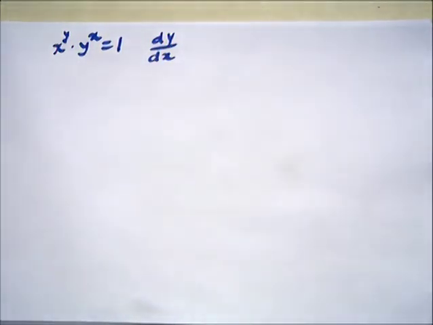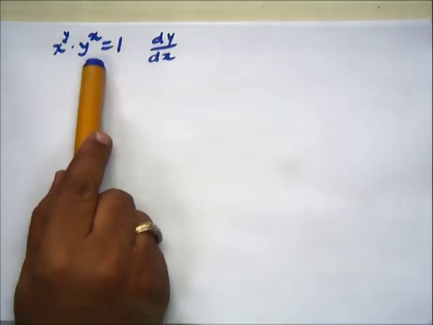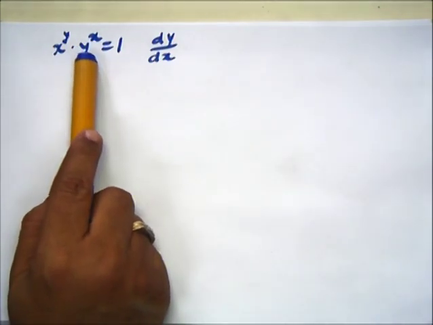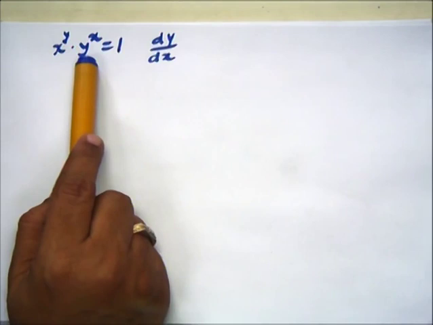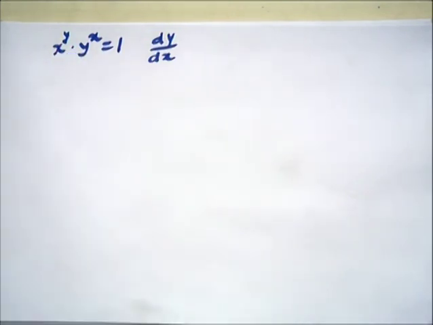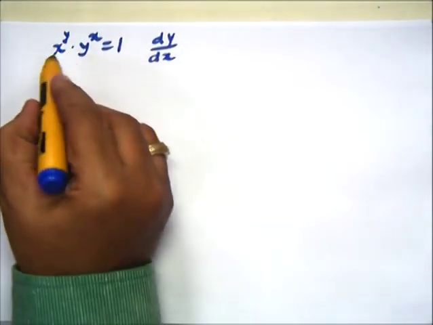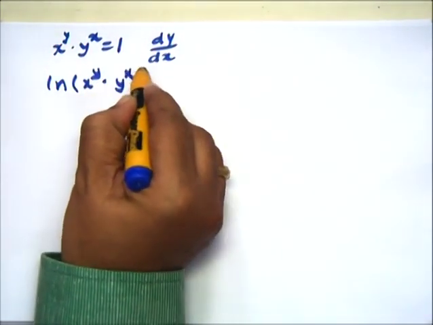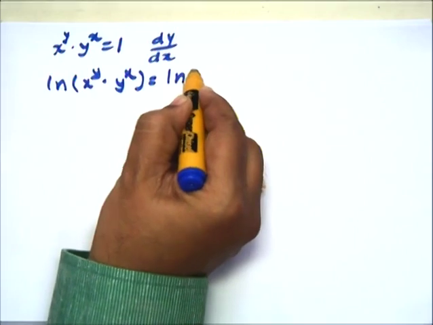Now, as you know, here we are given two functions, both with variable base and variable power, and we are given the product of these. If we are given a product, we can easily work it out, because we know that the log of a product can be converted into the addition of logs. So if we take log both sides, we have log of x raised to y into y raised to x is equal to log 1.